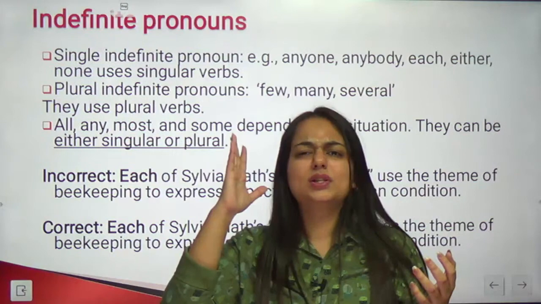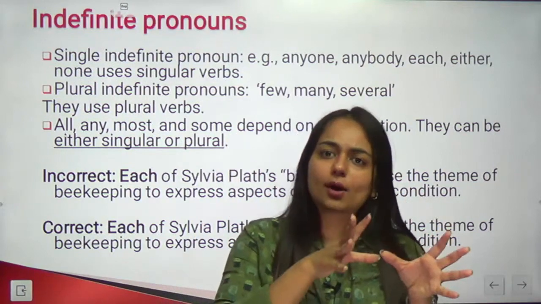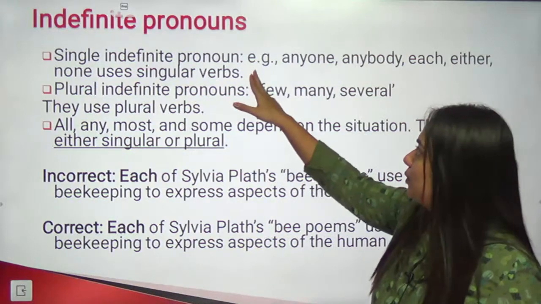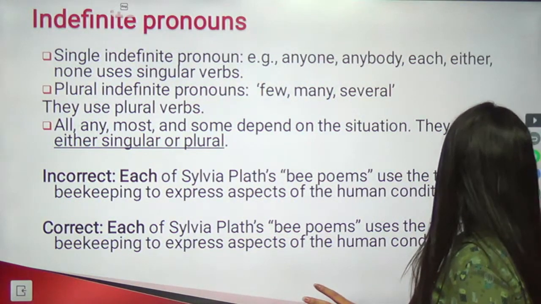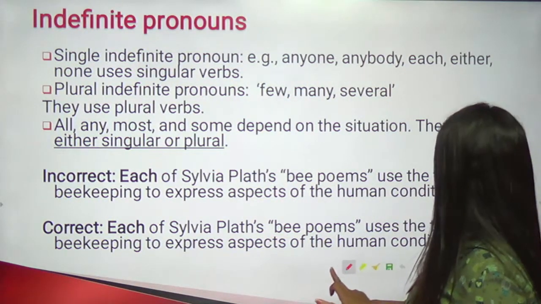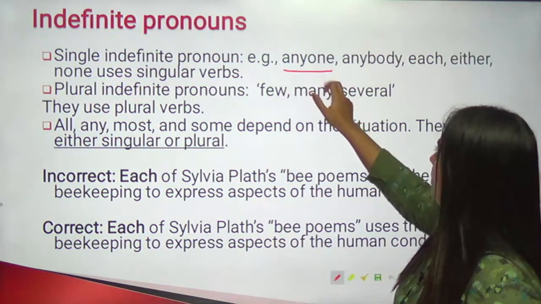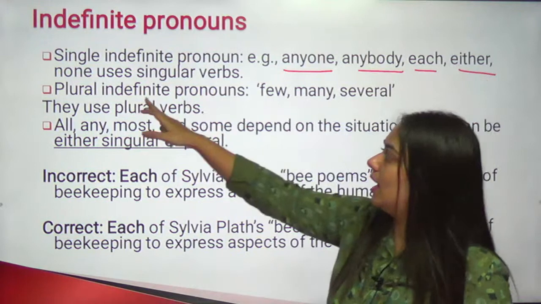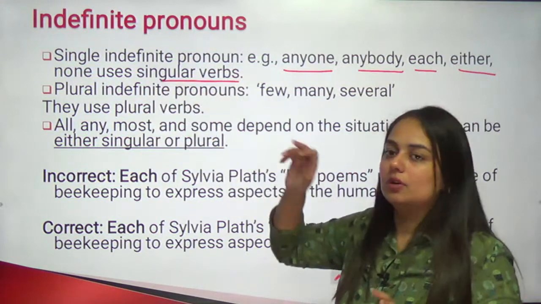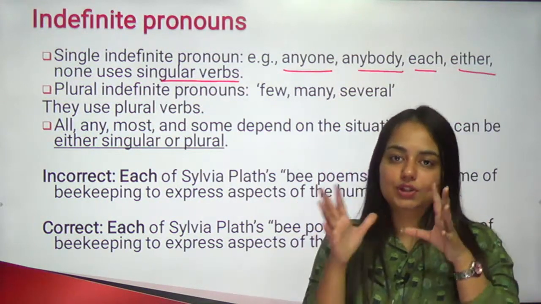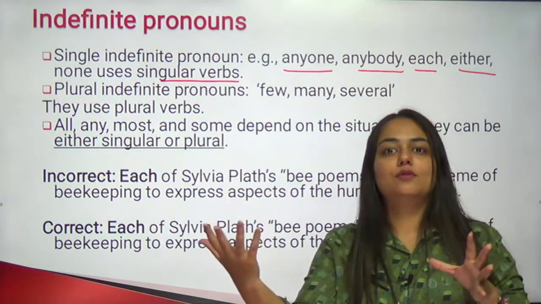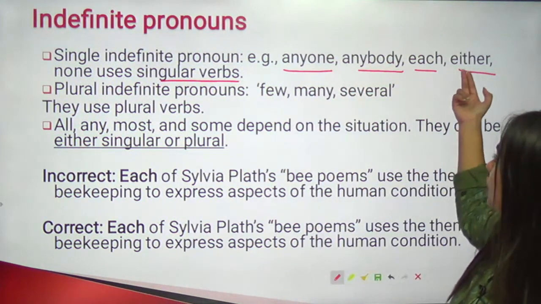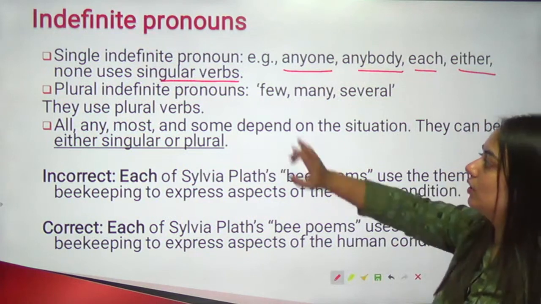It's ambiguous in our mind which noun the pronoun has been used for. So singular indefinite pronouns like anyone, anybody, each, either, none use a singular verb. So the pronouns that sound singular will be followed by singular verbs. Anyone, anybody, each, either, none use a singular verb.